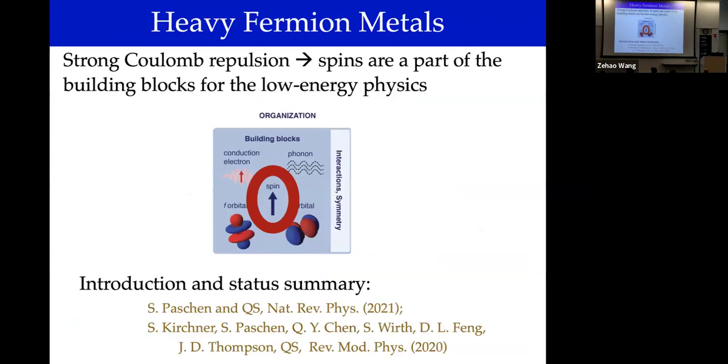And on the other hand, we are interested in the extreme limit of interactions, and even for a Fermi liquid, we're interested in the extreme form of Fermi liquid. And so it turns out to be useful to consider interactions as modifying the form of the building blocks from the bare electrons to something like localized moments, which are coupled to other degrees of freedom.